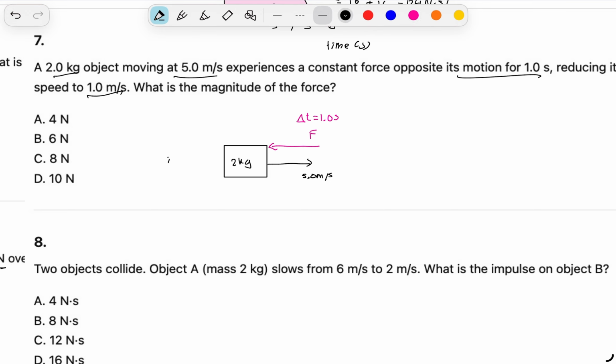So after that force, our object is now moving in the same direction at 1.0 meters per second.